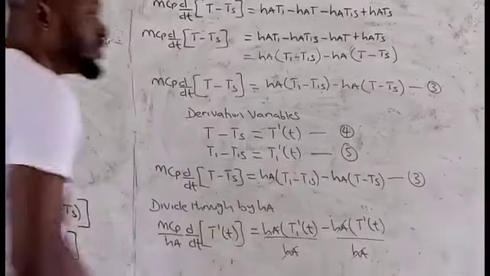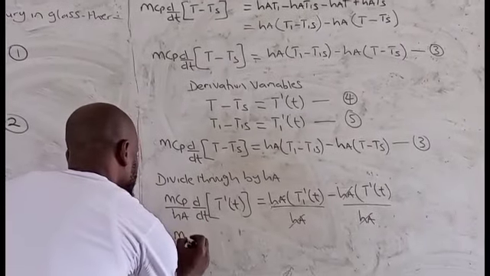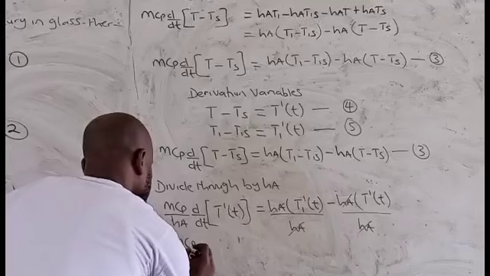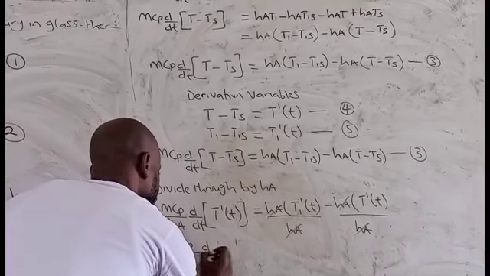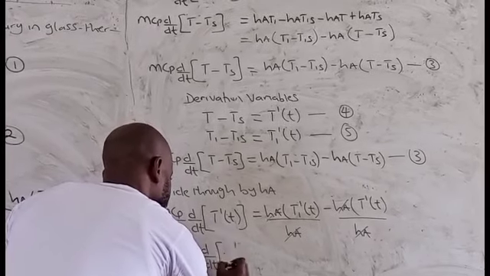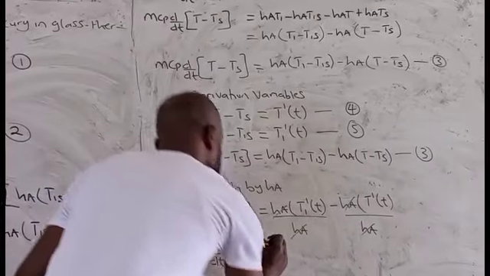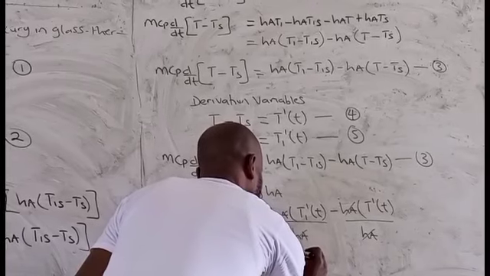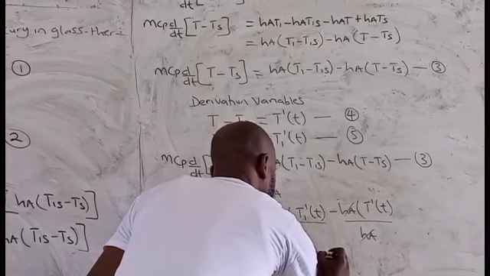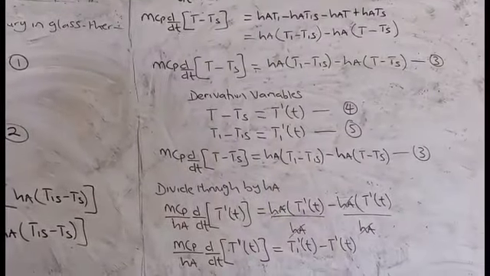So you're going to come up with this equation now: MCp over Ha multiplied by d over dt times T prime of t is equal to T1 prime of t minus T prime of t.